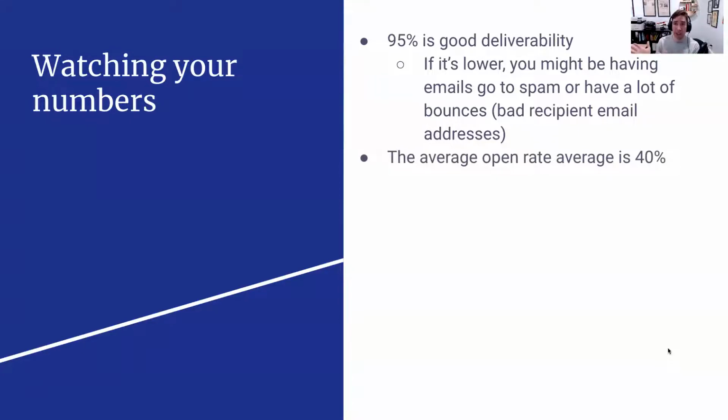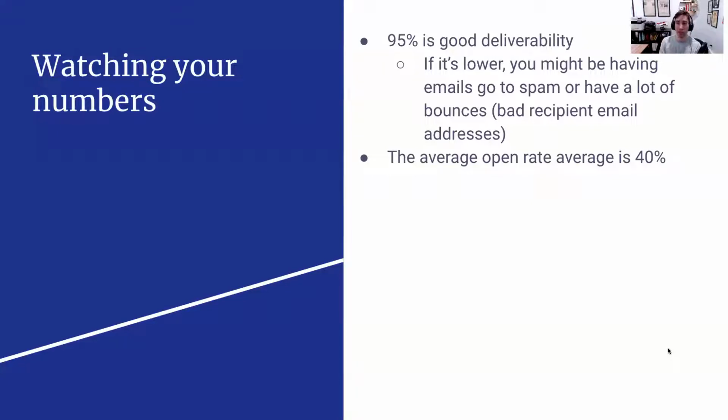One way to tell your deliverability is through your open rate. What we're seeing across the board from cold email is an average open rate of 40%. If you're really dialed in and very tailored, personalized for your prospects, you can see open rates a lot higher than that. It's possible.